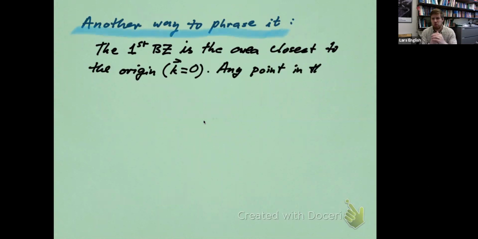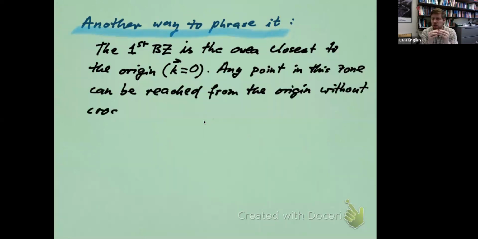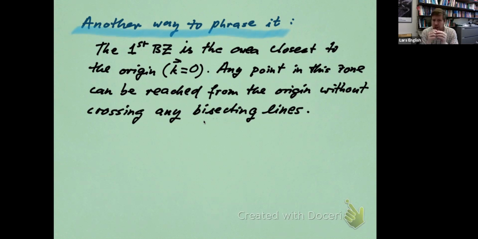We can say that the first Brillouin zone is the area that's closest to the origin, namely k is equal to 0. So any point in this zone can be reached from the origin without having to cross any bisecting lines. You see that we don't have to cross any bisecting lines if we stay within the first Brillouin zone.